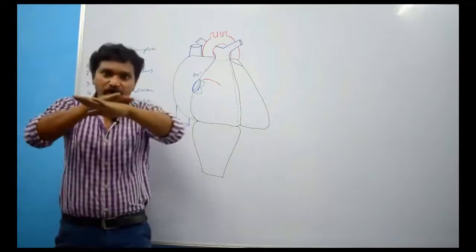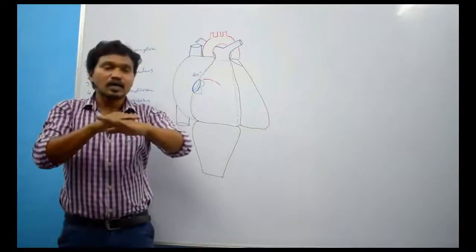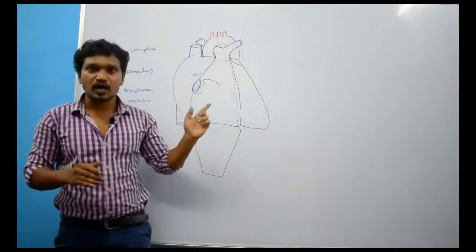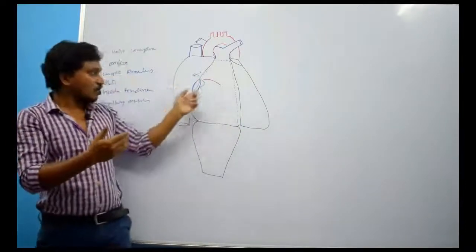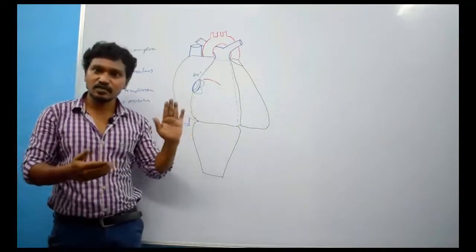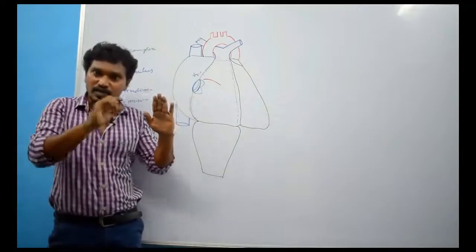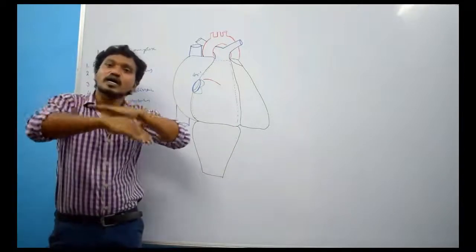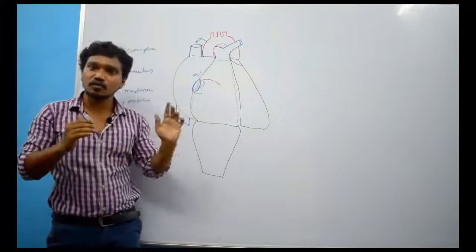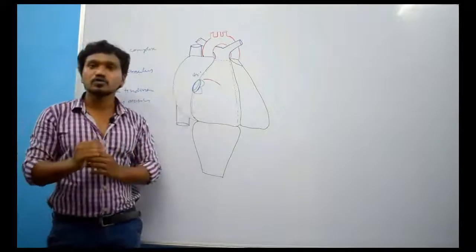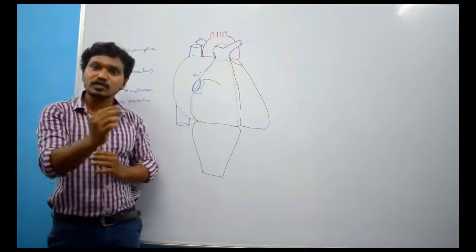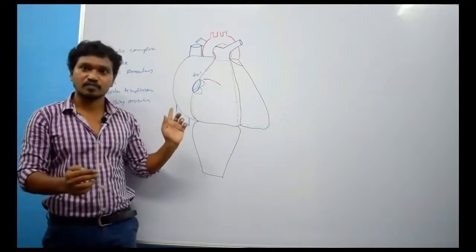This lamina fibrosa continues with the collagenous ring, because both are connective tissues. That is how these two are connected together. So the lamina fibrosa of the leaflets continues with the collagenous ring.